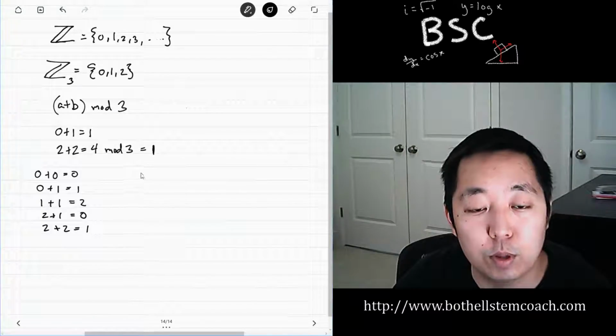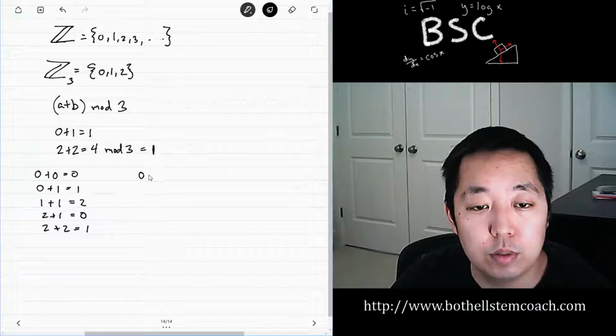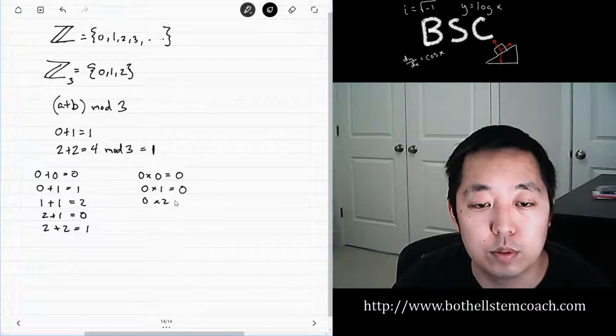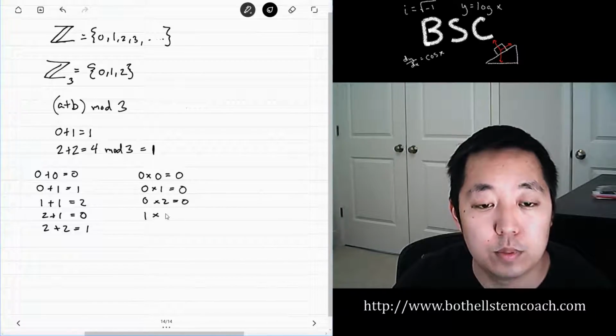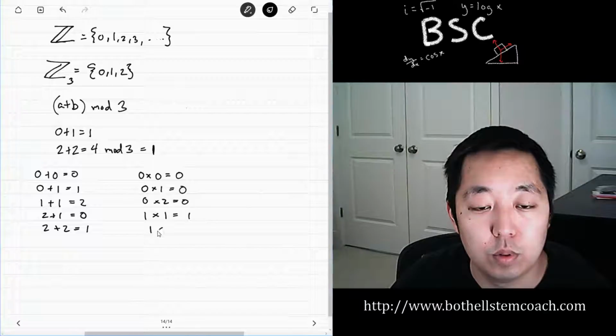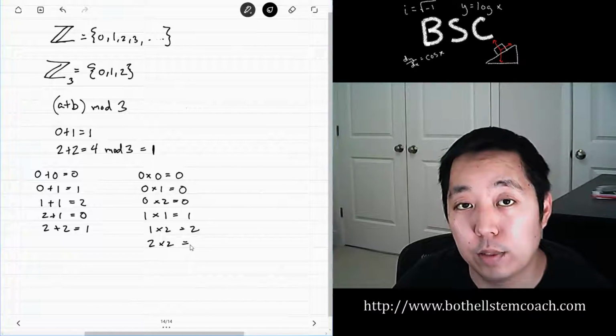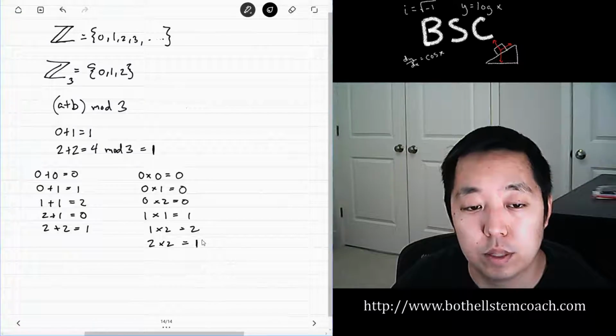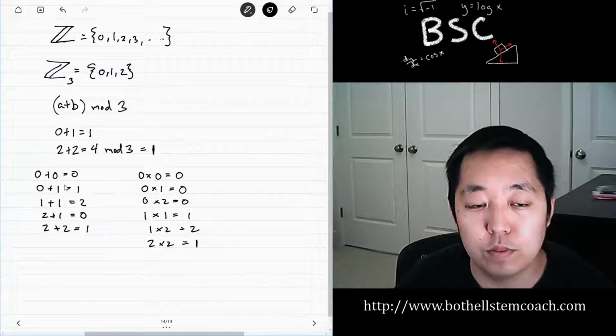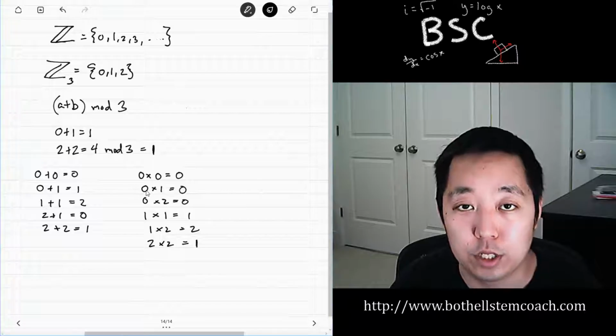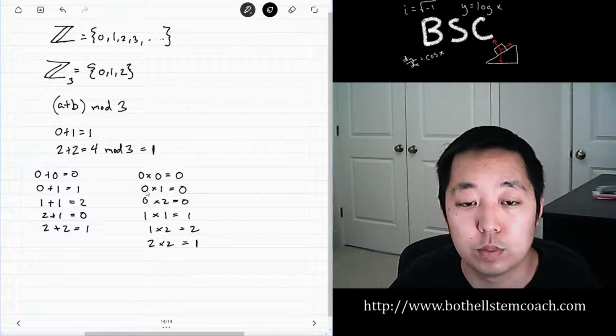Okay, and we can do the same with multiplying. 0 times 0 is 0, 0 times 1 is 0, 0 times 2 is 0, then 1 times 1 is 1, 1 times 2 is 2, and then 2 times 2 is 4, but modulo 3, the remainder when I divide by 3, I get 1. So this is the mapping of addition and multiplication onto those numbers.